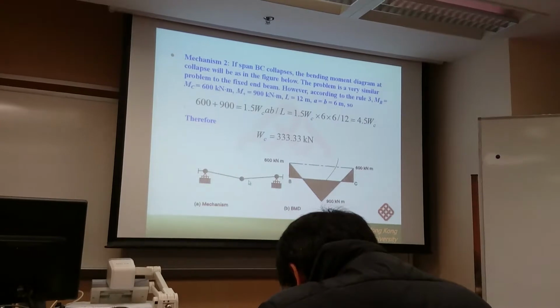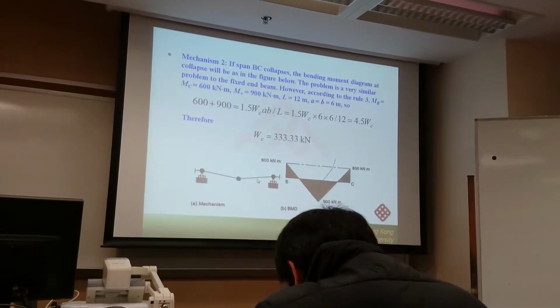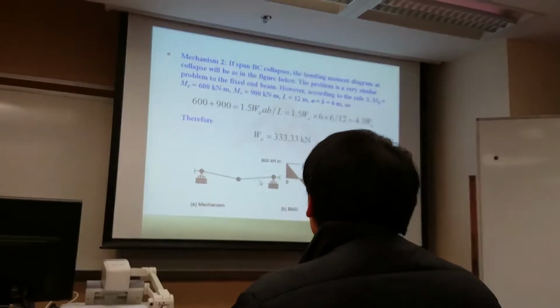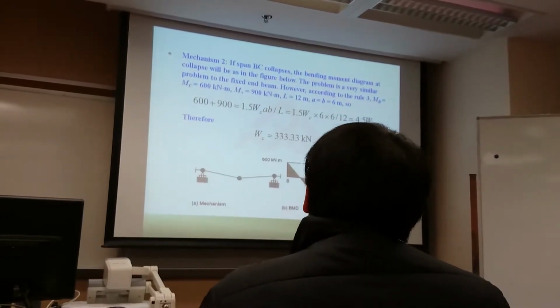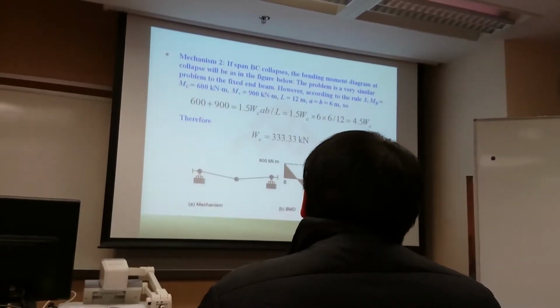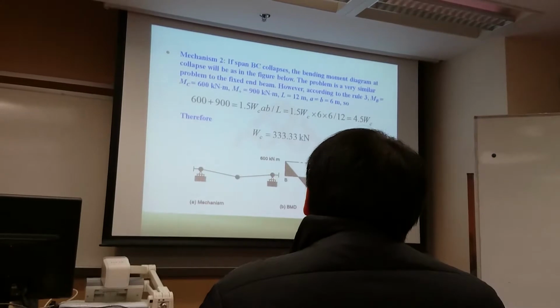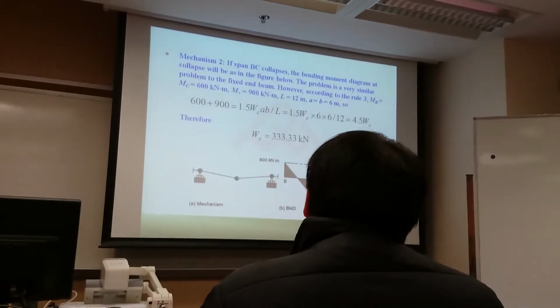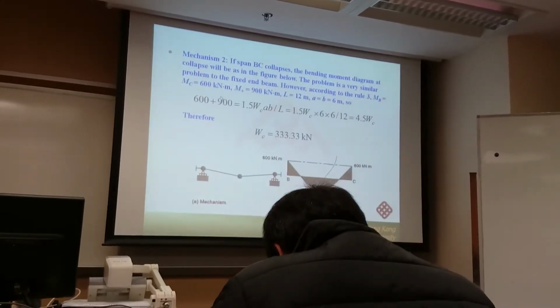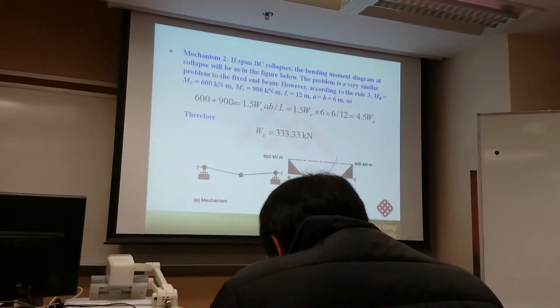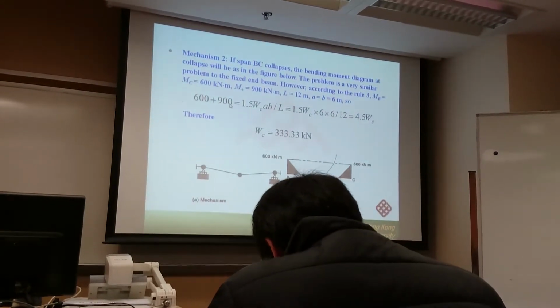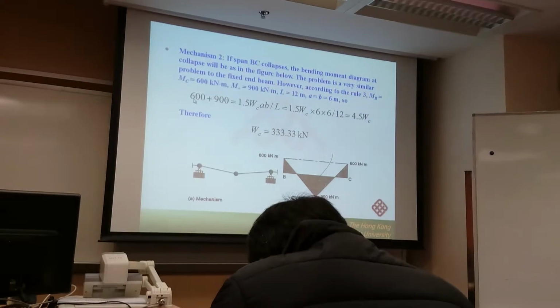For the second span, how about the real bending moment? The actual bending moment is equal to 900, because this is the internal plus hinge, and for the second span the plus moment is equal to 900. So this second term is the actual bending moment. And how about the reactant bending moment?